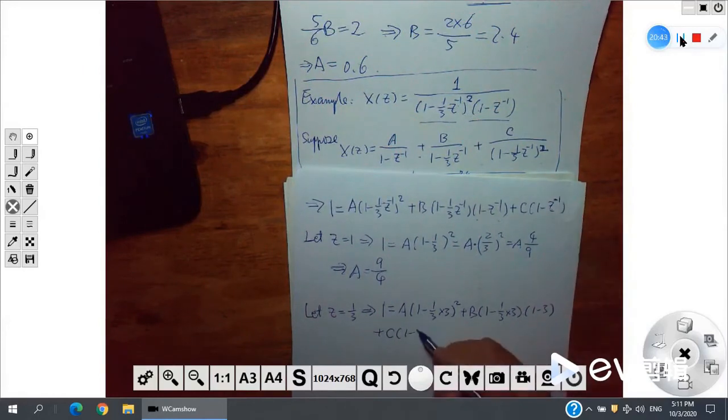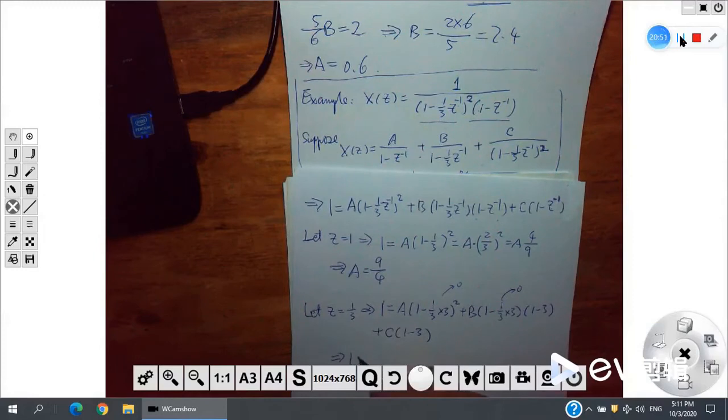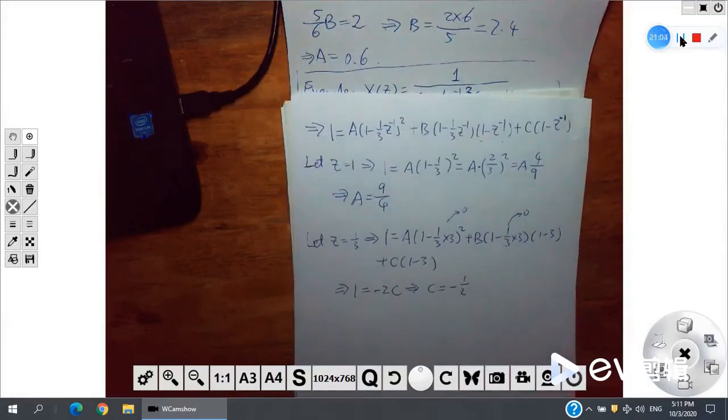This is 3. Alright, this is 0, this is 0. So we have 1 equal to negative 2c. So we get c is negative 1/2. Alright, yeah, you get this.